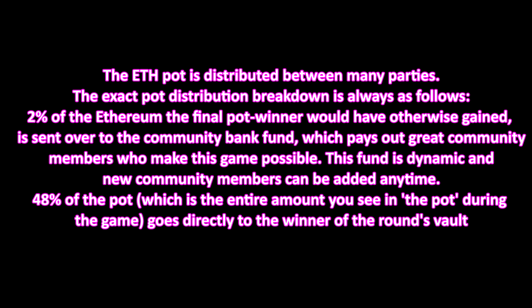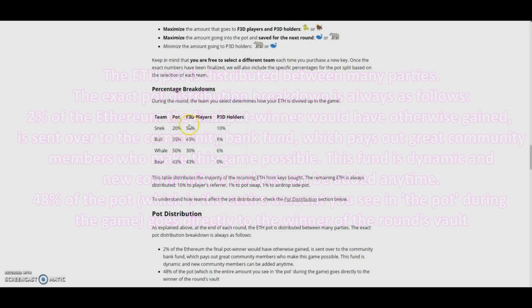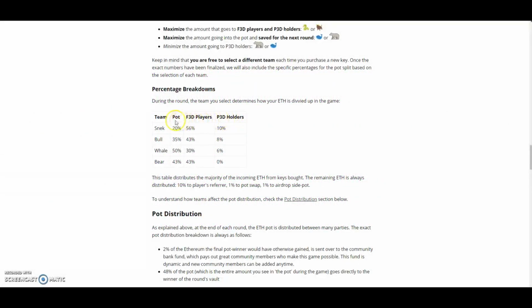You would have got 50 ETH, and the other 50 ETH would be split up: 20% of that 50 ETH would go towards a pot, 56% of that would go towards F3D players, and 10% of that would go to P3D holders.